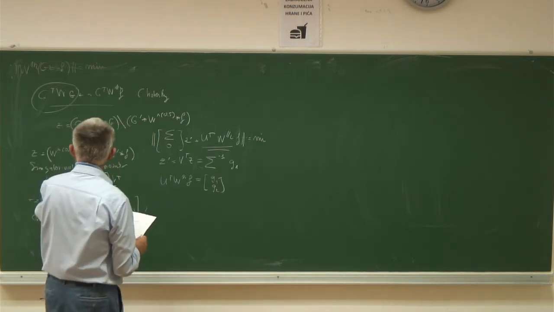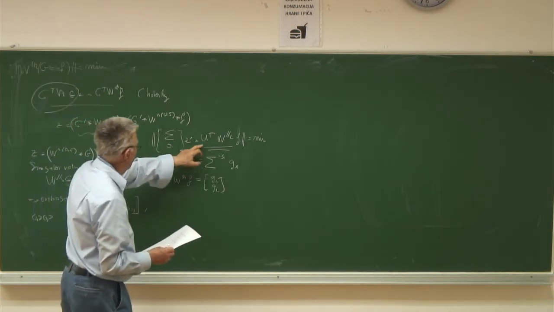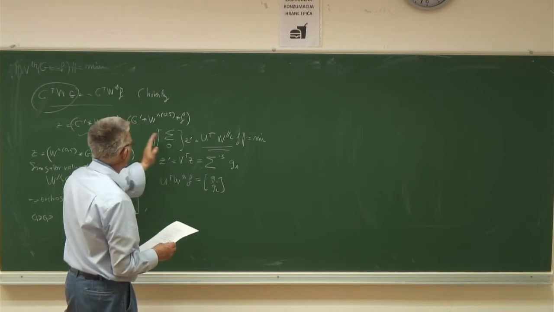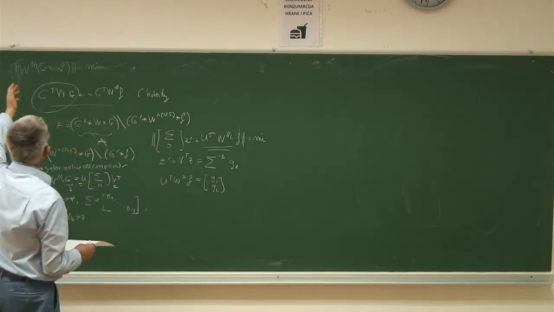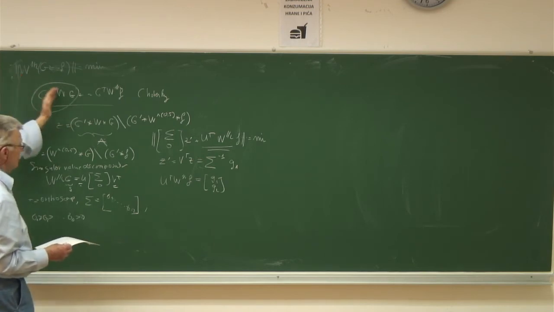In making this equation here, we use the fact this U is orthogonal. So multiplying inside the norm with an orthogonal matrix does not change this norm.